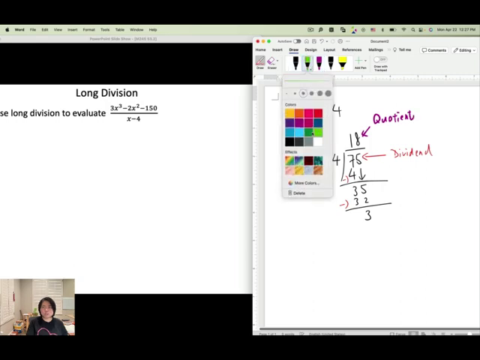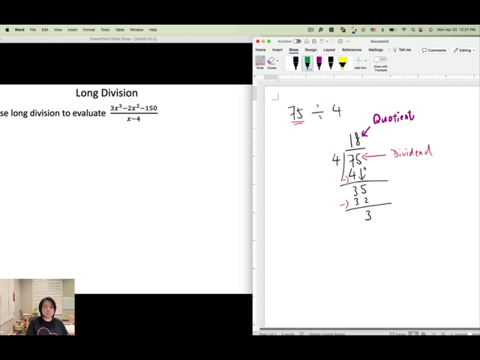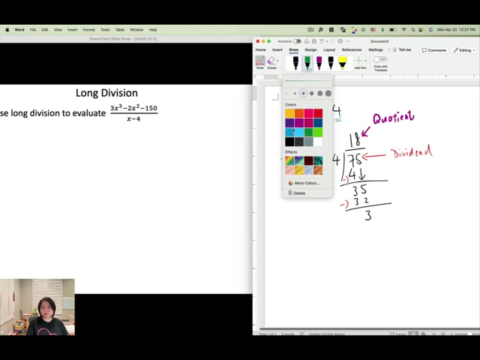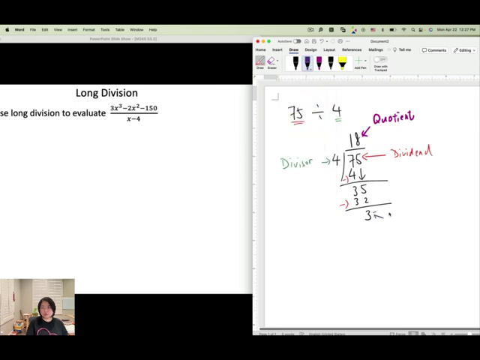And then this 4 here, we call the divisor. And the last one, the 3 here, we call the remainder.